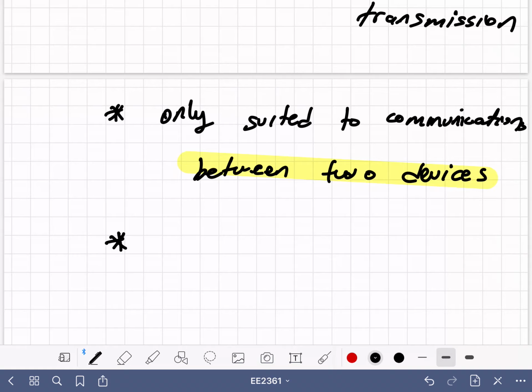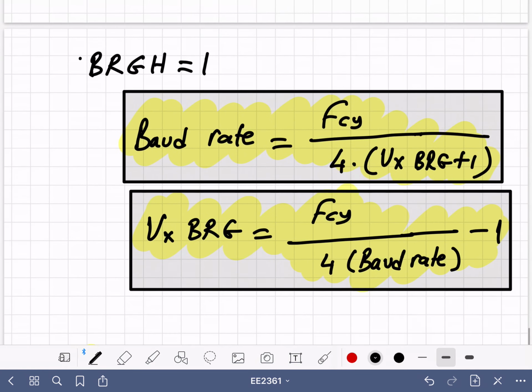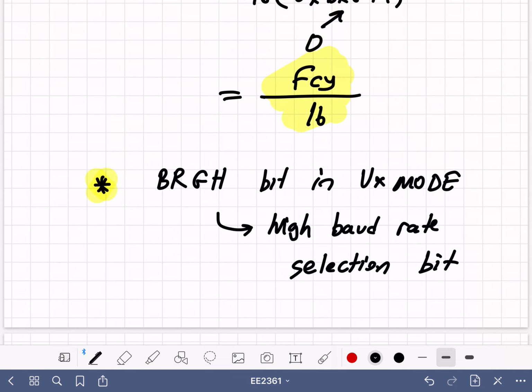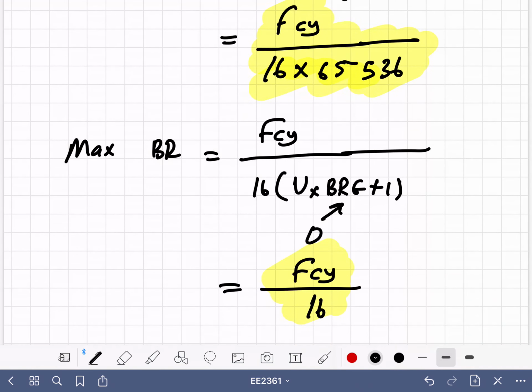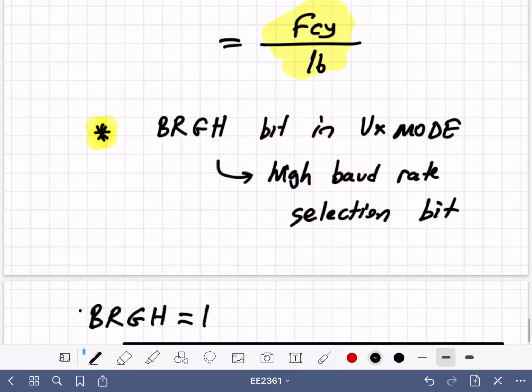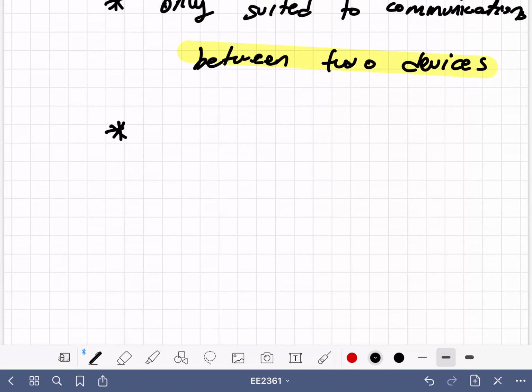Another limitation: it might seem very fast, like you can have millions of bits per second. If you go to the maximum baud rate with the formula here, for our microcontroller it's 16 million over 16, since it's a 16 megahertz clock, so it's going to be 1 million per second. It might sound very fast, right?